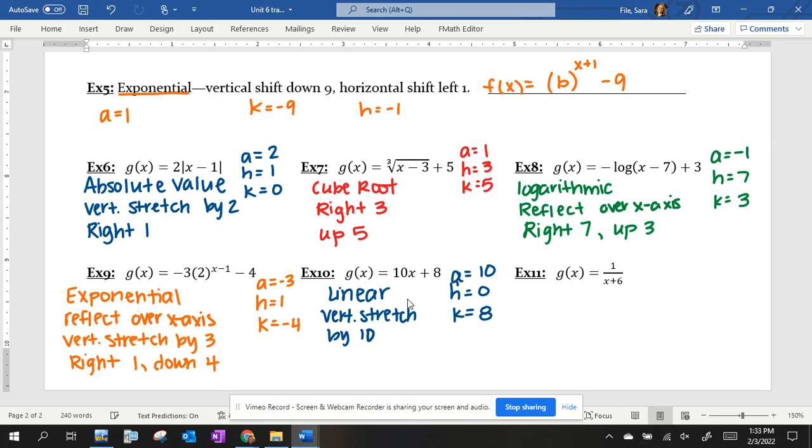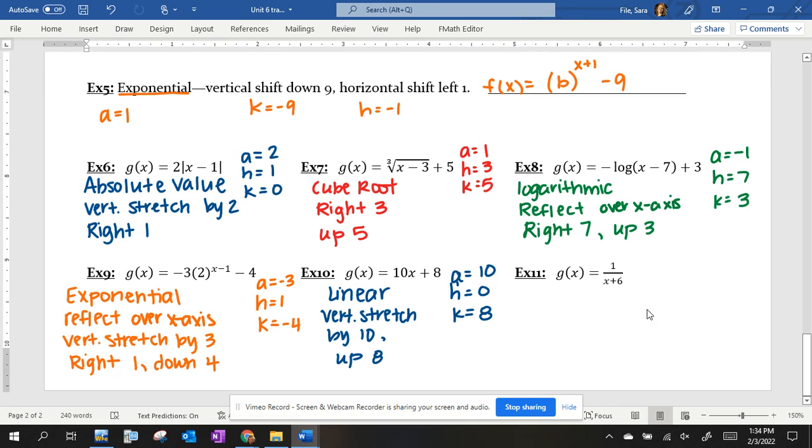That means your slope is 10 because the slope was 1. 1 times 10 is 10. And when I say the slope was 1, I mean in the parent function. Okay, and then this is a shift up 8. Okay, so that means your y-intercept is at 8 because it's in the parent function at the origin.